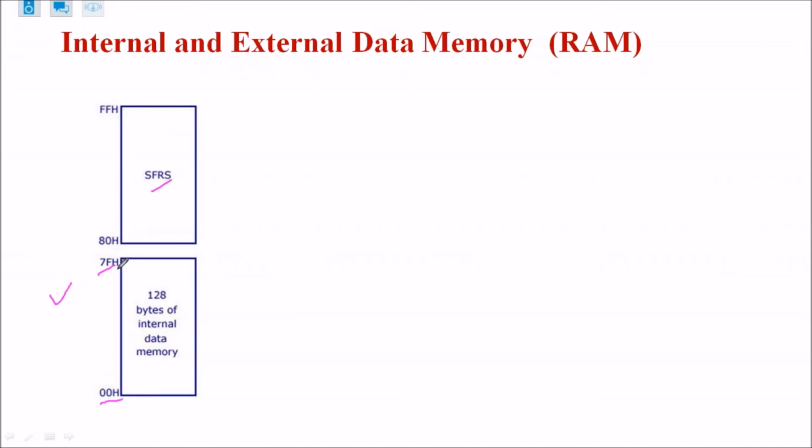After this 7FH address, the addresses are given to SFRs. These are special function registers. The addresses start from 80H, and the last address is FFH. In the block diagram of the 8051, SFRs are shown above internal RAM.